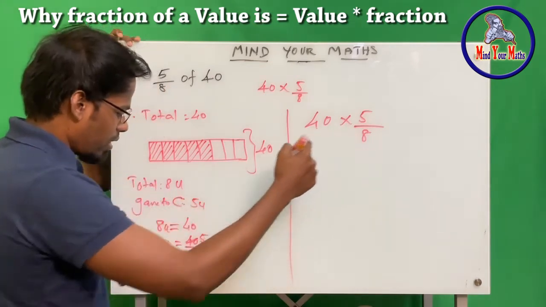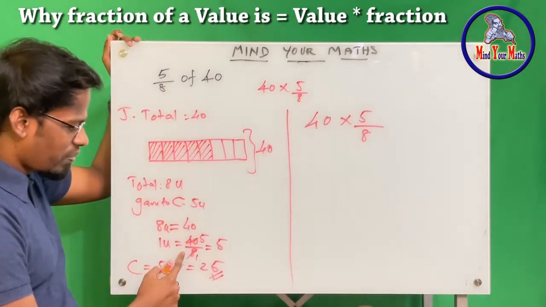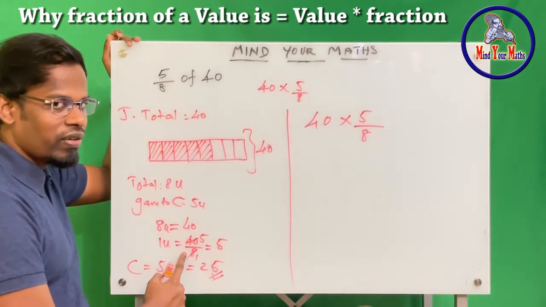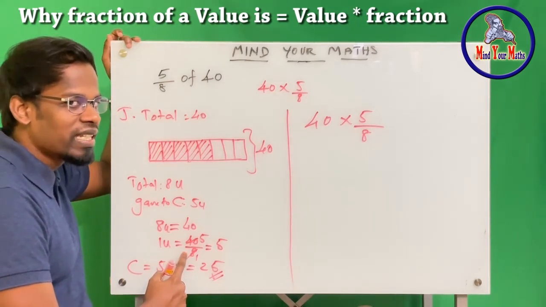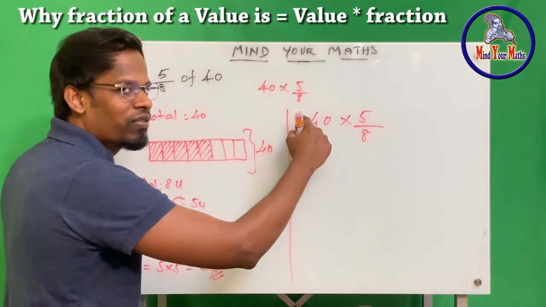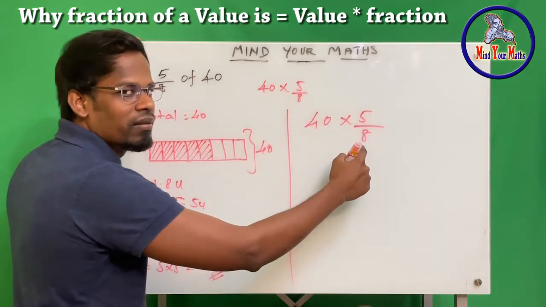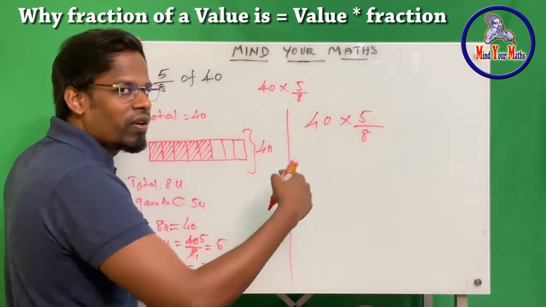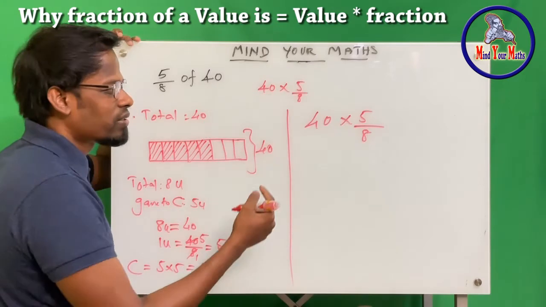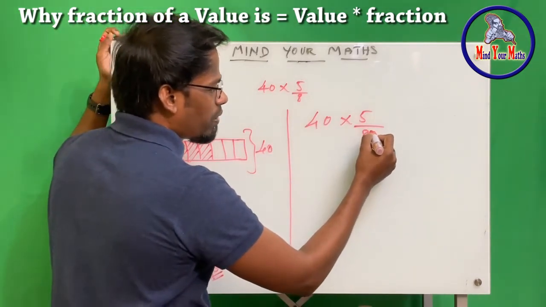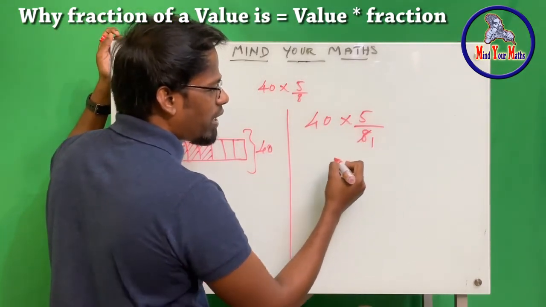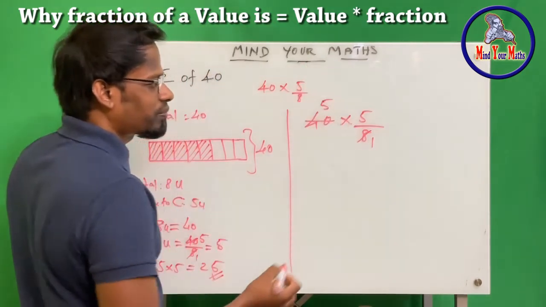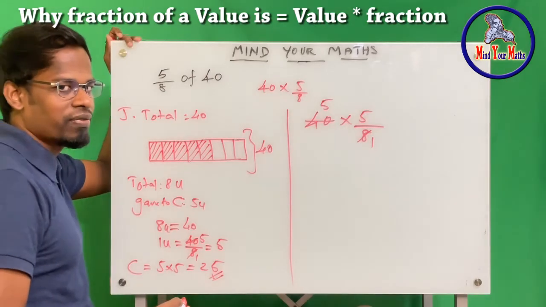That is what we did in the first step: 40 divided by 8. If you remember the cancellation method, you can pick one value from the top and one from the bottom, the numerator and the denominator, and cancel for a common divisor. Here we cancel: 1 times 8 is 8, and 5 times 8 is 40.